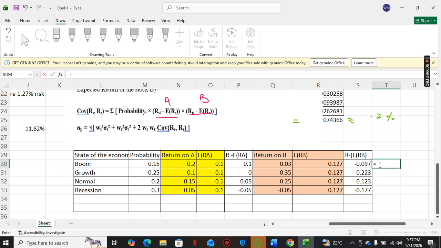So here we're going to say the probability of a boom 0.15 multiplied by the deviation for A multiplied by the deviation for B. Okay. We continue.